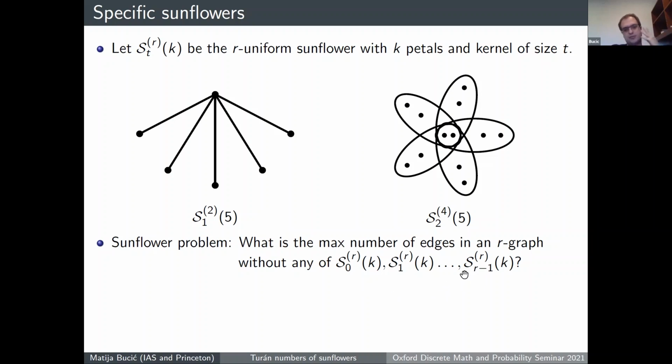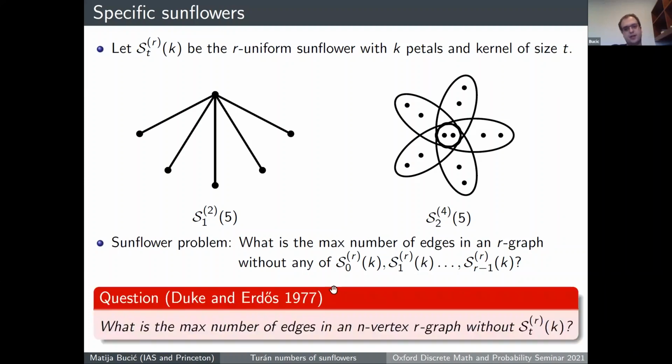And coming from the perspective of extremal graph theory, maybe it's an even more natural question to ask: what happens if we forbid just a single one of these objects? This was asked by Duke and Erdős some 45 years ago. The question is, what is the maximum number of edges you can have in an n-vertex r-uniform hypergraph which doesn't have a fixed one of these sunflowers?